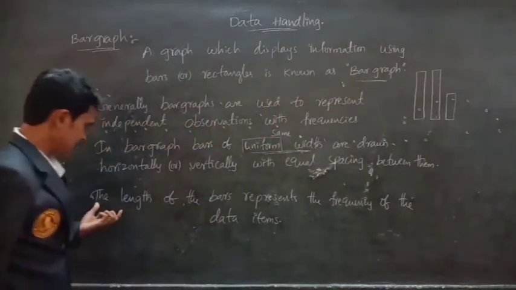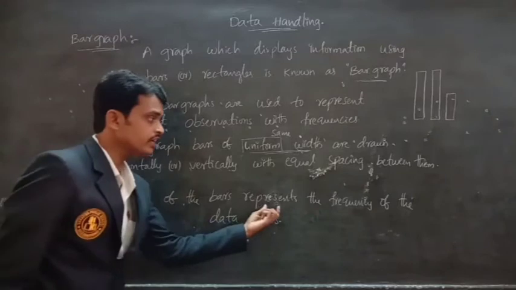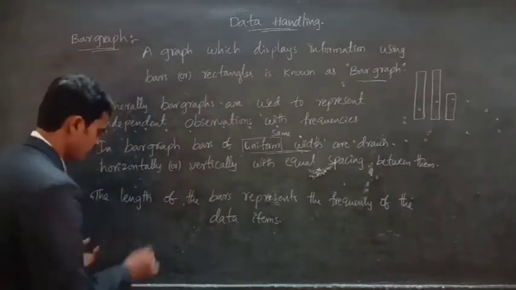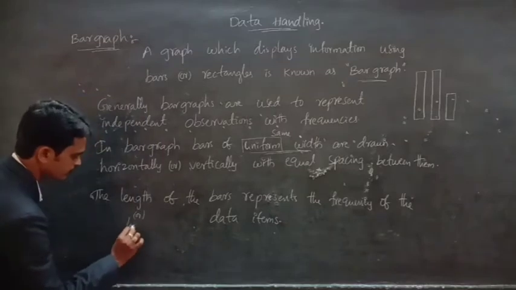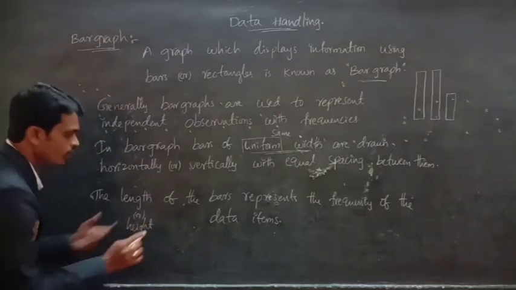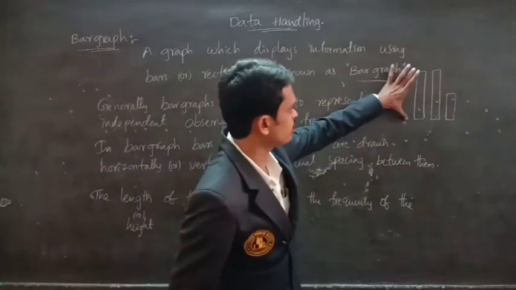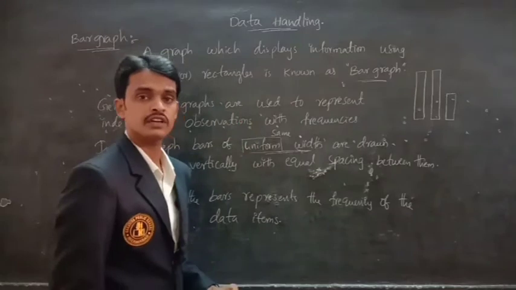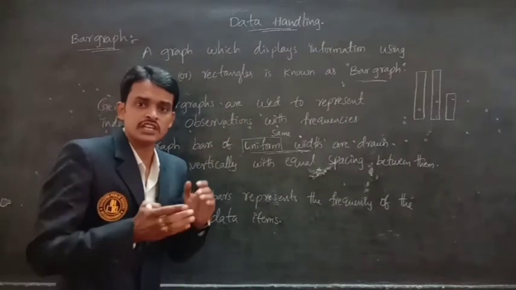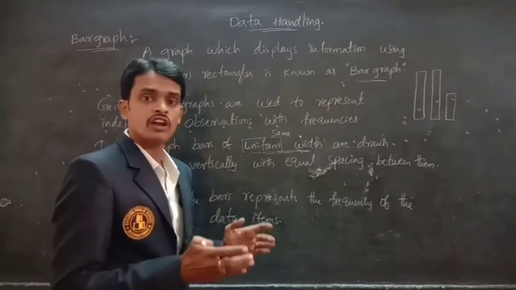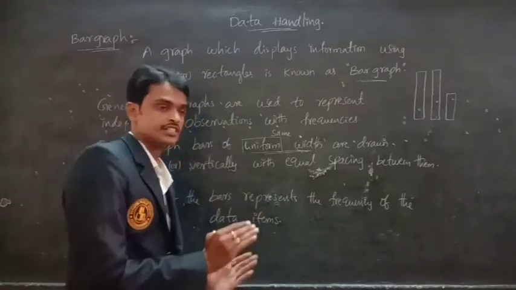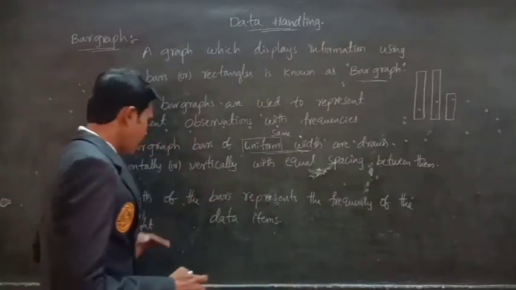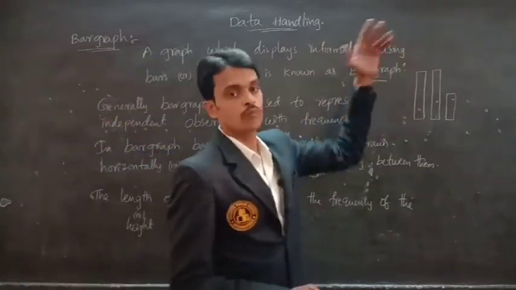So the length or height of the bars represents the frequency of the given data items. If the frequency is lesser, then the length or height of the bar is lesser. If the frequency is more, then the length or height of the bar is more.